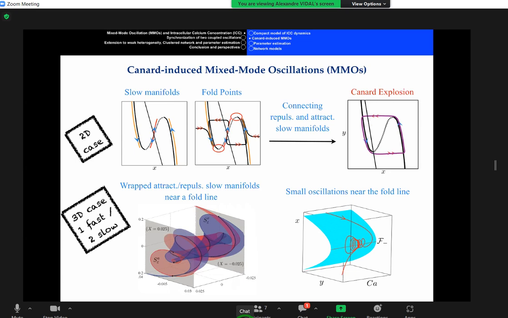And because of this wrapping between the repulsive and attractive manifolds, the dynamics generates small oscillations and remains close to the folded singularity for a while before it undergoes this fast motion and generates a large oscillation. Okay.